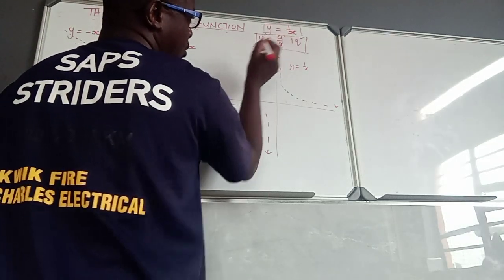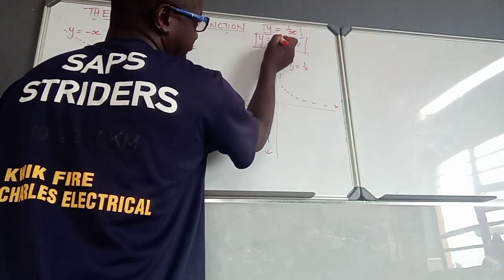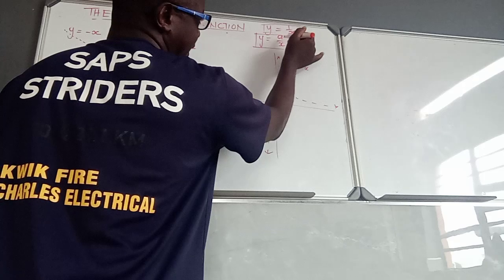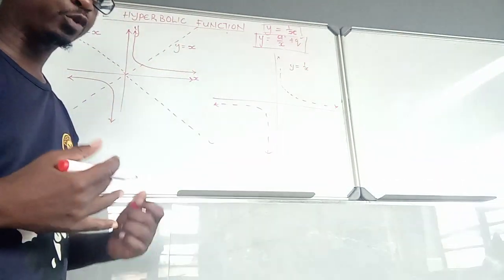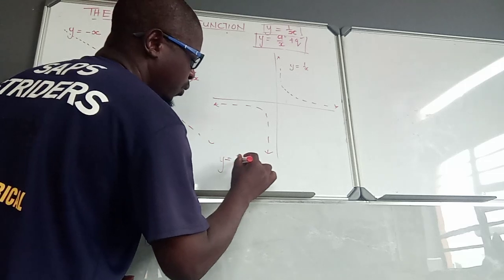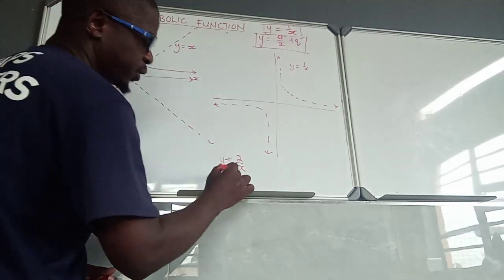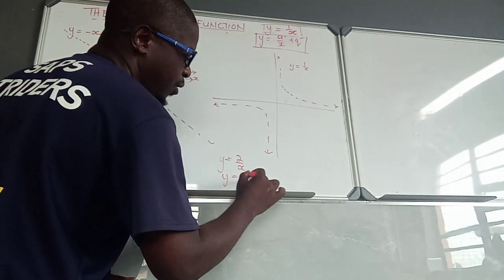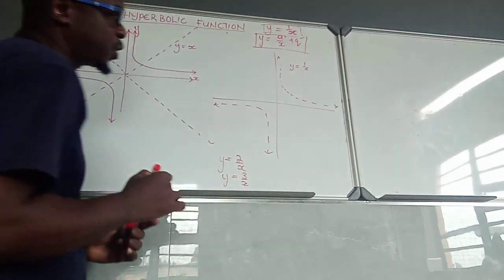They are going to come in different forms with a over x. And what does a mean? A is just a number. It could be y is equal to 2 over x, or y is equal to 3 over x. What does it mean?